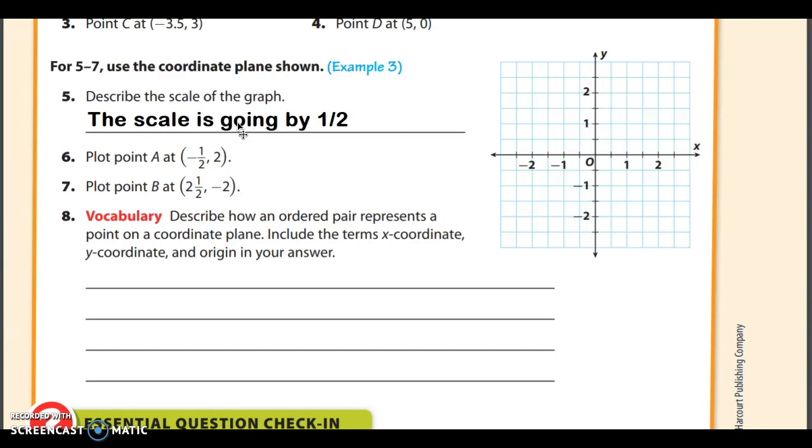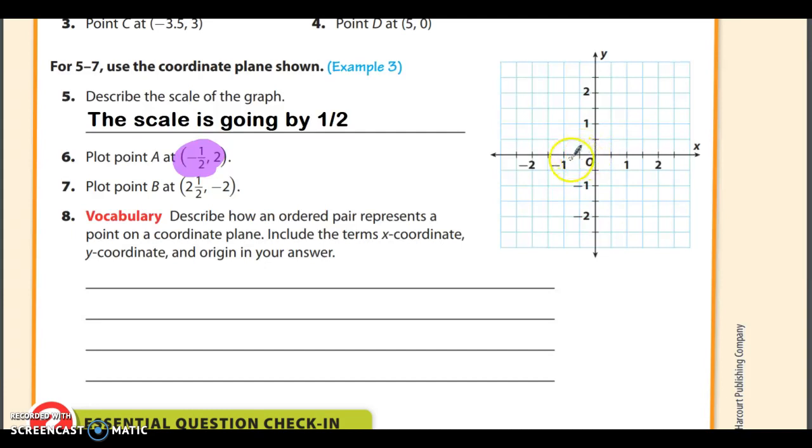Okay, so we're supposed to plot point A at negative 1/2 and 2, and plot point B at 2.5 and negative 2. So how do we do that? Well, we just said we're going up by halves. And so we're going to go to this point. I'm going to highlight this point right here. Negative 1/2 and 2. Negative 1/2 would be to the left.